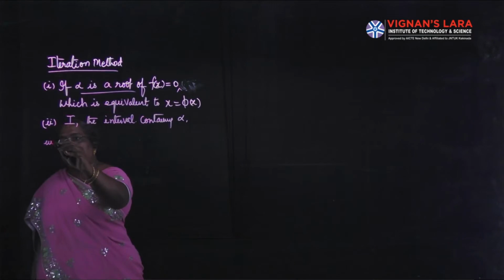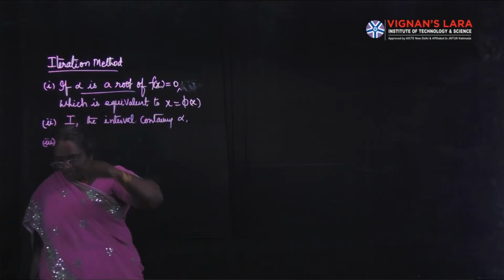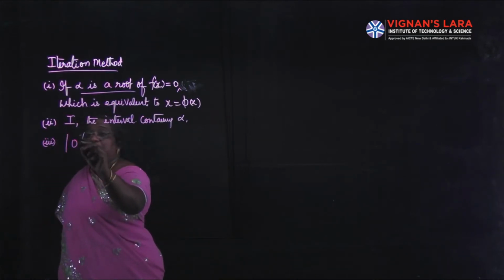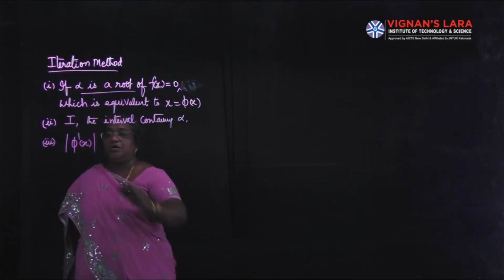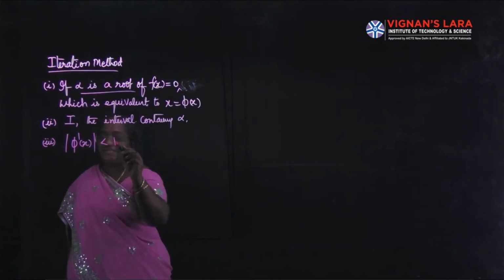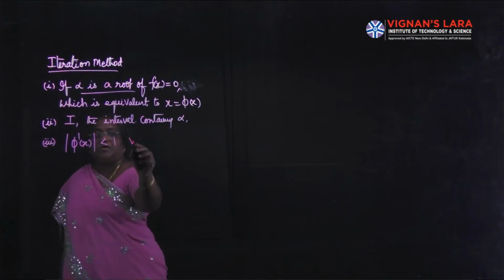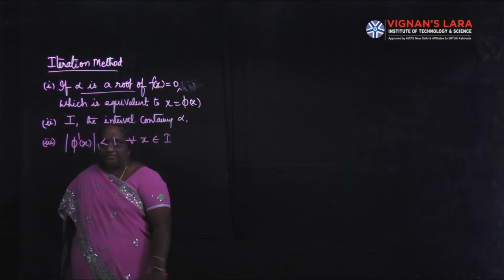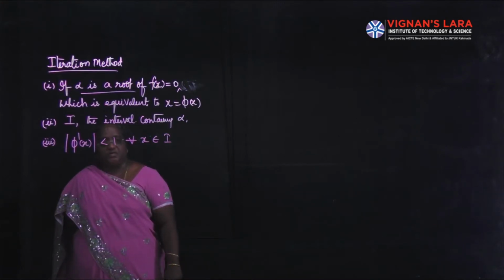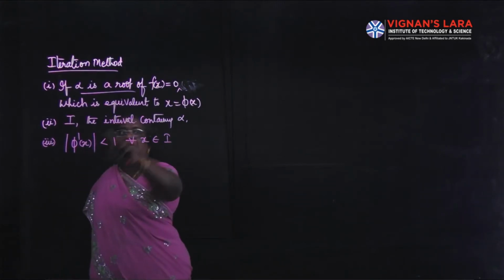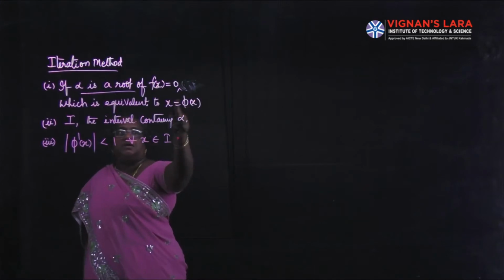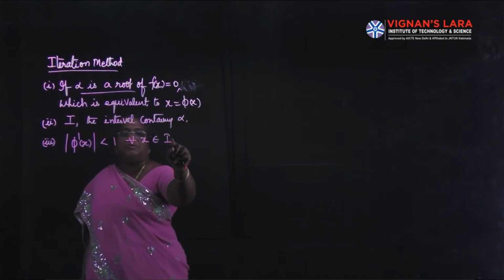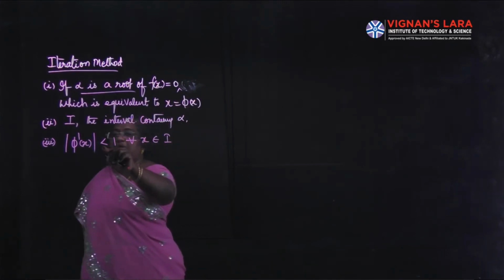Then the third point we have to remember is modulus of phi dash x. The condition is mod of phi dash x should be less than 1 for all x belonging to the interval I, between which two values the root is. If you find the derivative and substitute any value in the interval I, it should be less than 1 all the time.